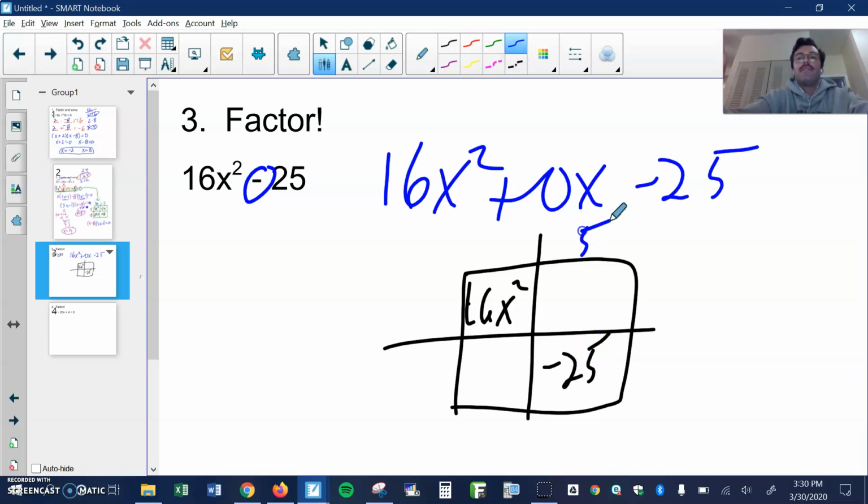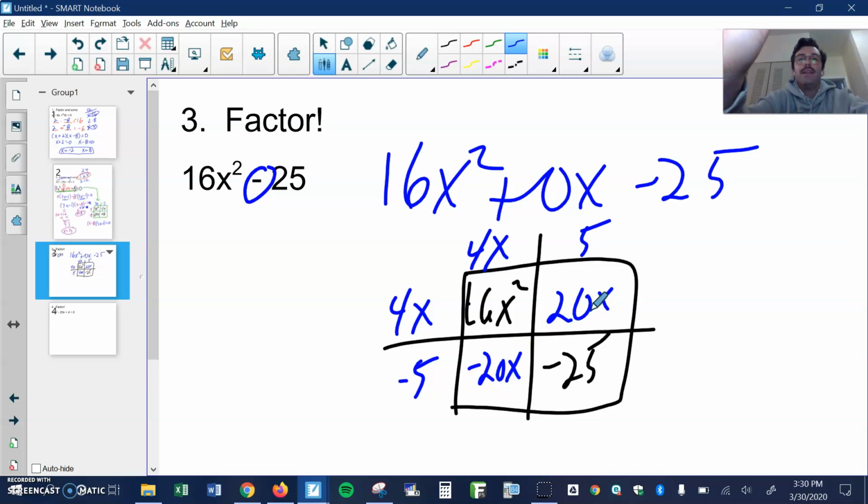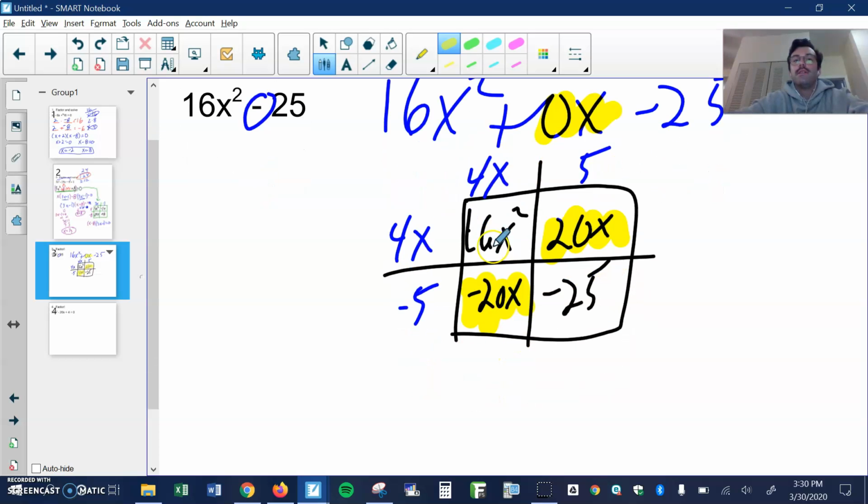I know that I'm going to have 5 and 5 and 4x and 4x. The only way to get a negative 25 here is if I make one of those negative. That would give me a negative 20x and a positive 20x, and if I combine these two here, I'll get 0.